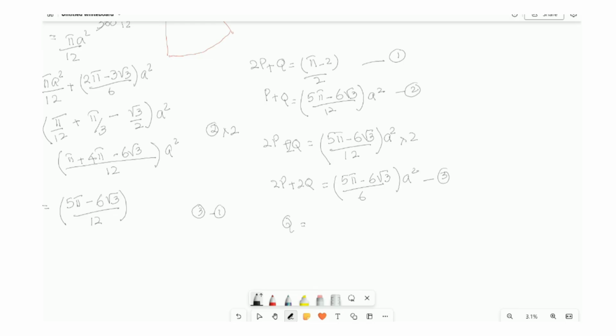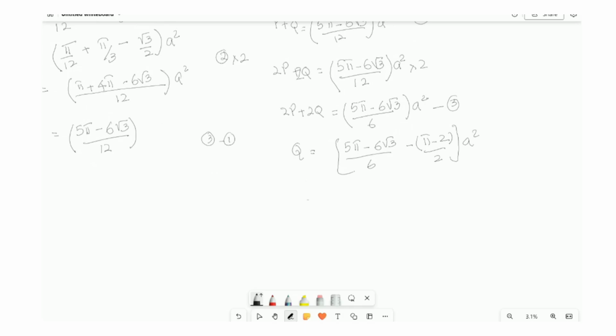Q is equal to (5π − 6√3)/6 minus (π − 2)/2, times a². Again the common denominator is 6, so this is equal to (5π − 6√3 − 3(π − 2))/6 times a².